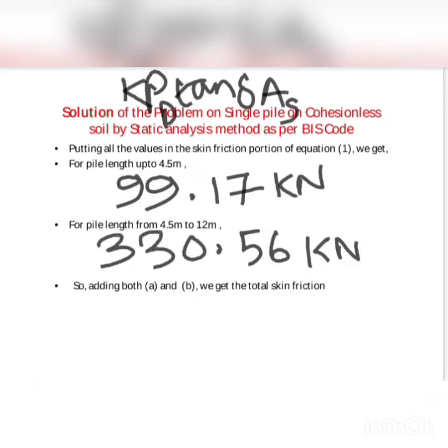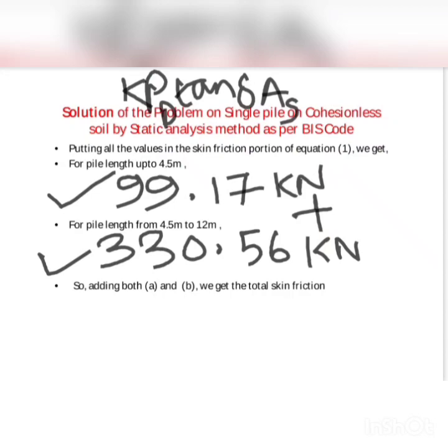So for pile length up to 4.5 meter it is 99.17, and for pile length 4.5 to 12 meter it is 330.56 kilonewton. Now if you add both of these, you get the total amount of skin friction.